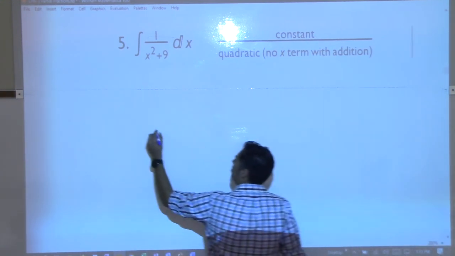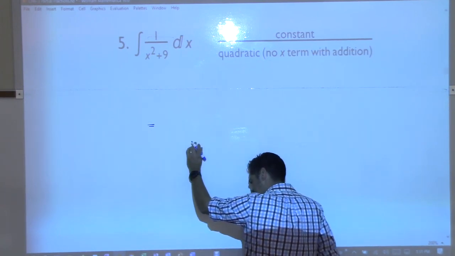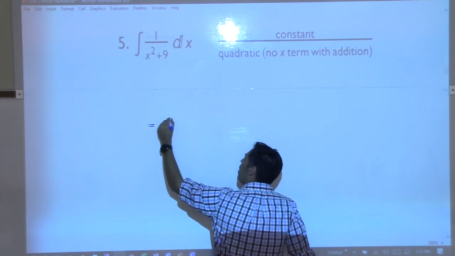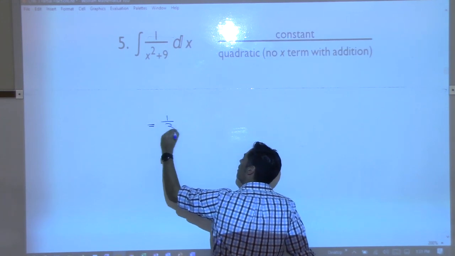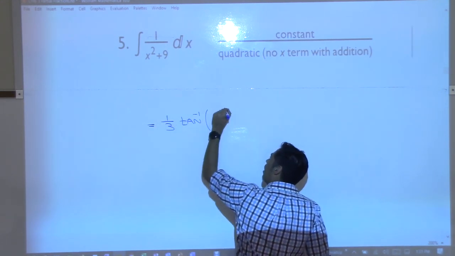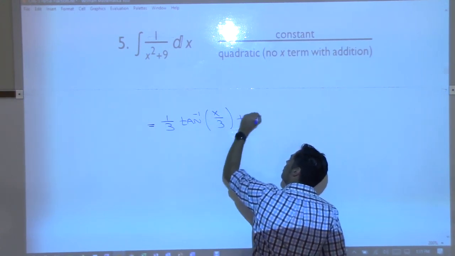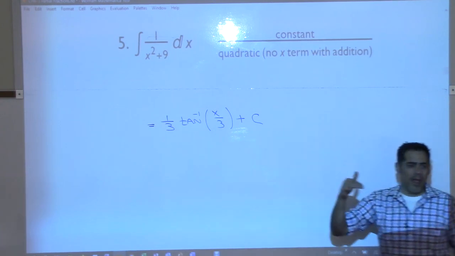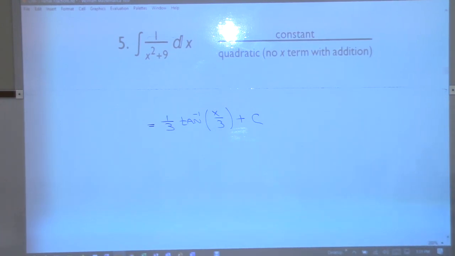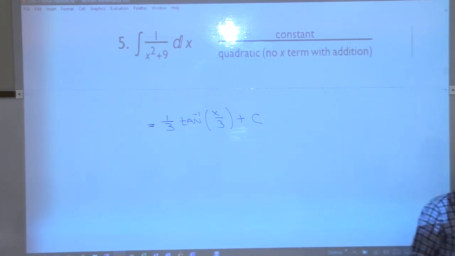So for us, what's a? 3, so it should be 1/3 arctan of x over 3 plus c. So 1 over a, arctan of u over a is the formula we're using, but the variable for us is x, and a for us is 3.